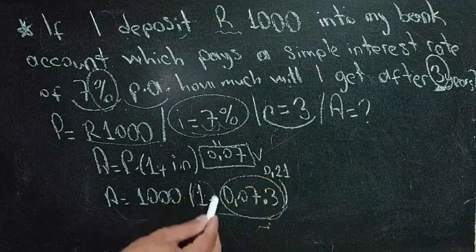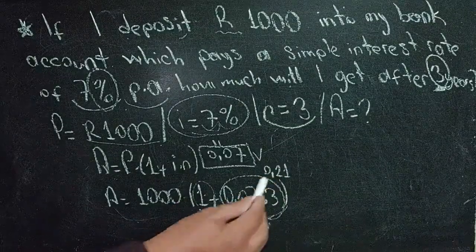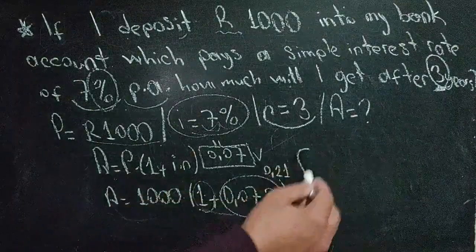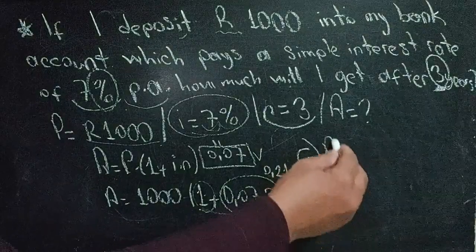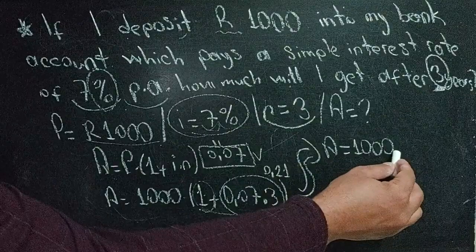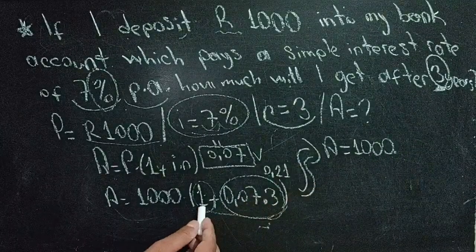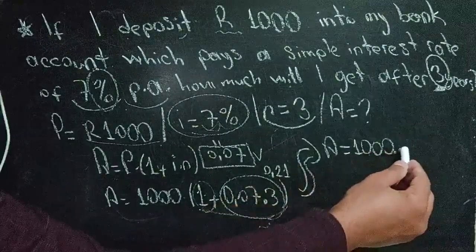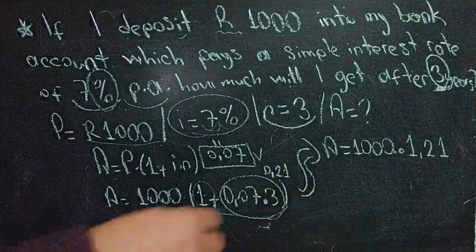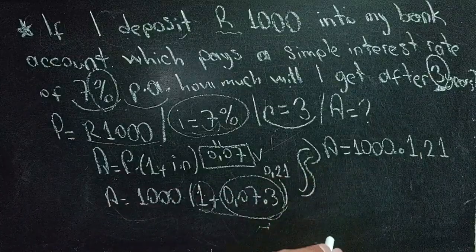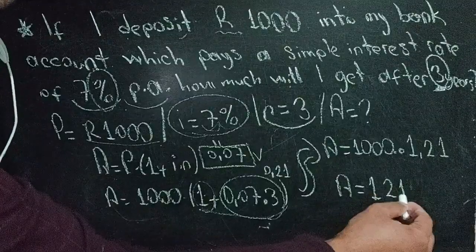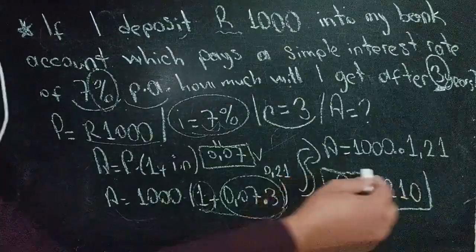Then I will add 1. 1 plus 0.21 will give you 1.21. So A equals 1000 times 1.21, which will give you 1210 rand.